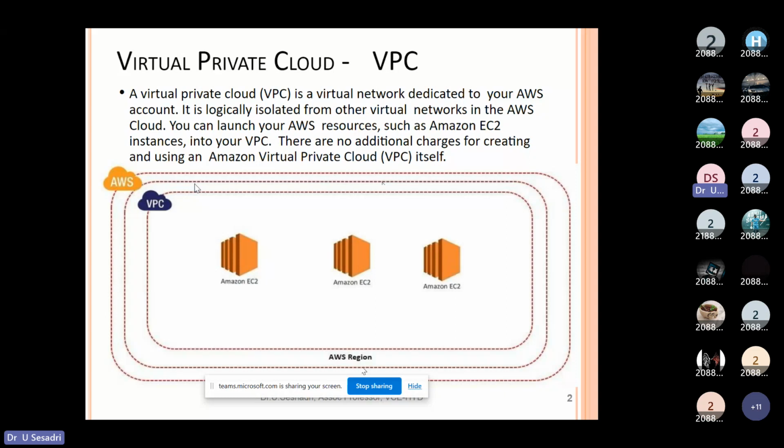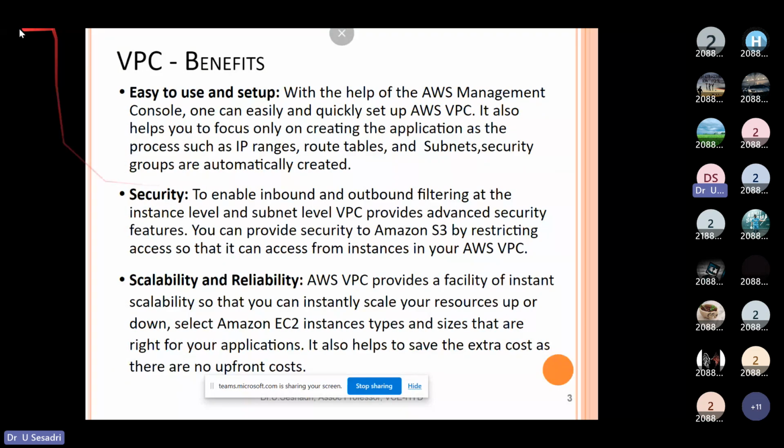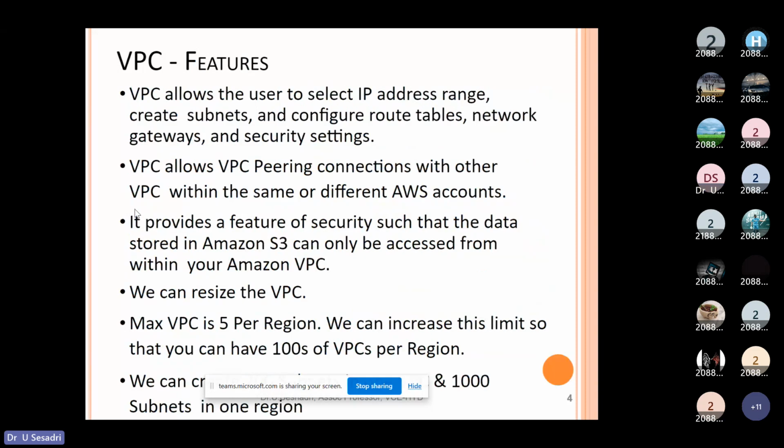These are the benefits of using virtual private cloud. One is it is easy to use and set up. Second, since you are using your own virtual private cloud, it provides security, and it provides scalability and reliability features. You know well the terminology, what scalability is and what reliability is. The feature of the virtual private cloud is that VPC allows the user to select an IP address range.